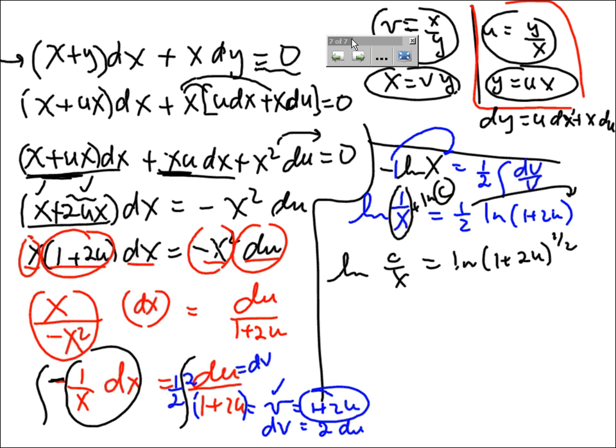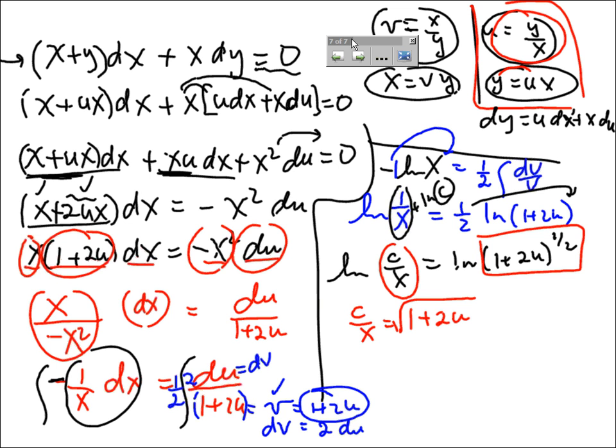Well, if ln of this equals ln of that, then this and that are equal. c over x is equal to the square root of 1 plus 2u. But u is y over x.